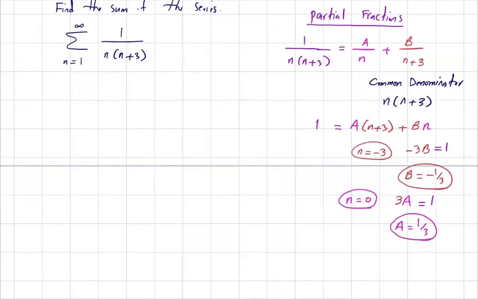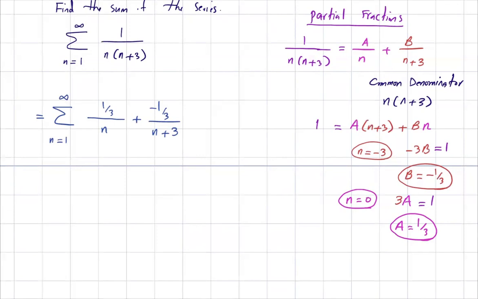So your series can be broken down into the summation of 1/3 divided by n plus -1/3 divided by n plus 3. And n starts from 1, goes to infinity.